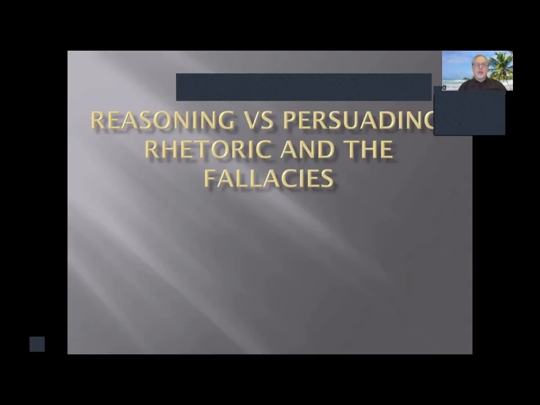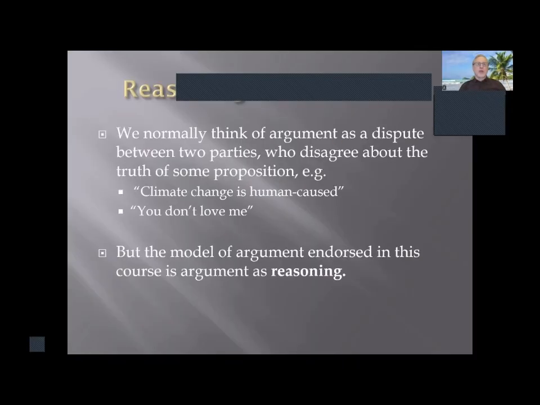The art of persuasion, meaning being able to get people to do what you want or believe what you want, is called rhetoric. Arguments can be used to persuade, but the model of argument that I've been endorsing in this course is called rational persuasion.